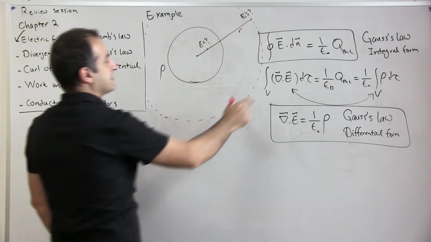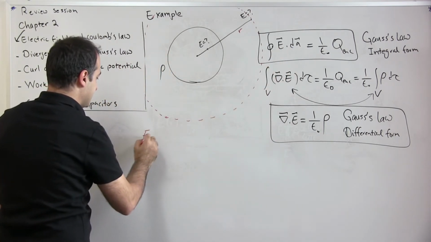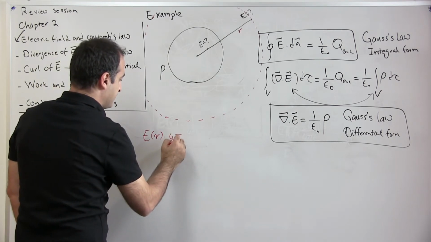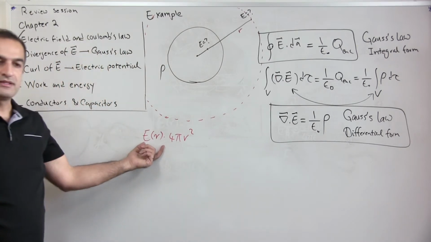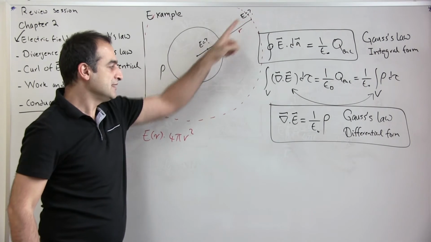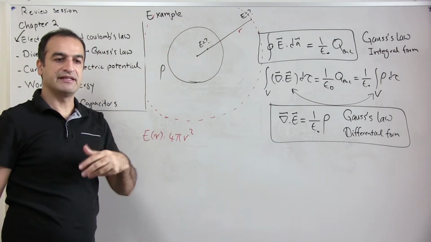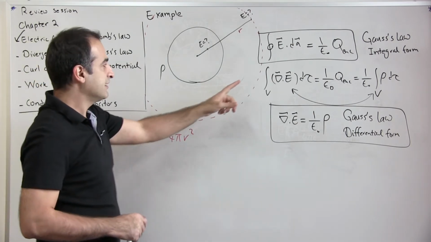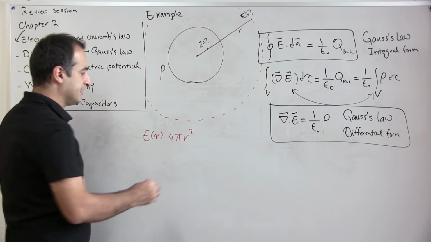And if you look at that, the integral of E dot dA is simply E, the magnitude of the electric field at r, times 4 pi r squared. This magnitude remains constant because of the symmetry of the problem. If you move from this point to this point, the direction of the electric field does change, but the magnitude does not change because of symmetry. So the integral of E dot dA becomes E(r) times 4 pi r squared.